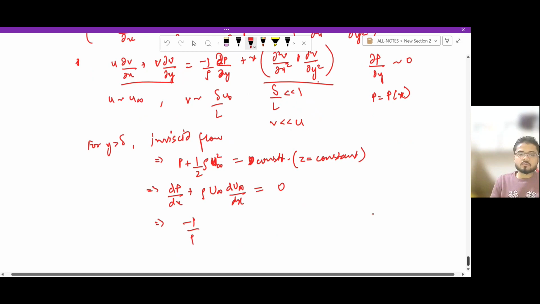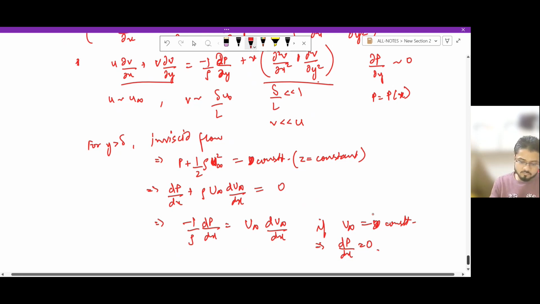So this implies that minus 1 over rho dp/dx is equal to u infinity du infinity/dx. If u infinity is constant, this would imply that dp/dx is 0.